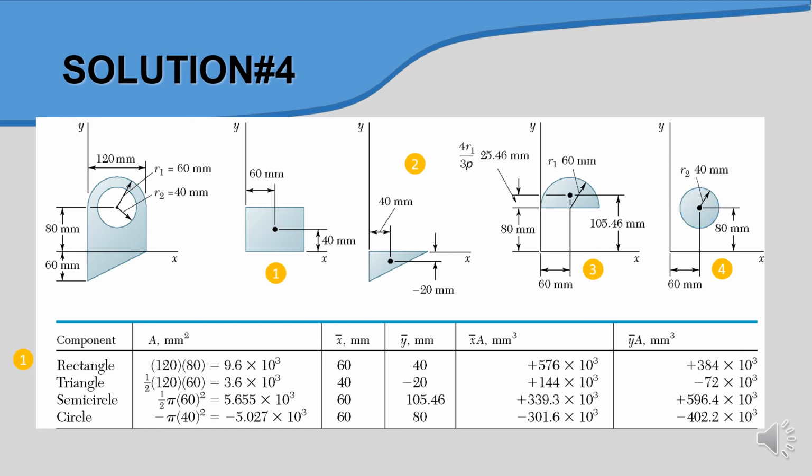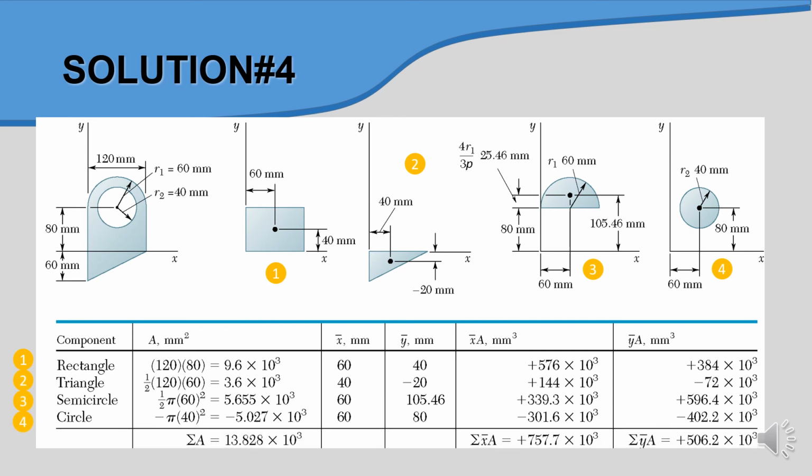And then finally we sum all together the value of A, area, and then sum together the values of x bar A and y bar A. Okay, and then we have these values in order to get the first moment with respect to the y-axis and x-axis.